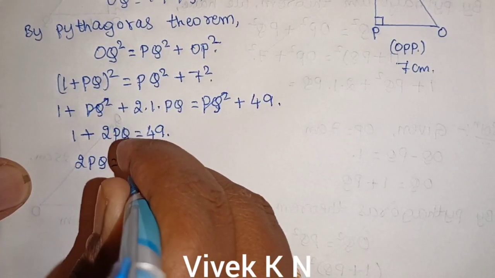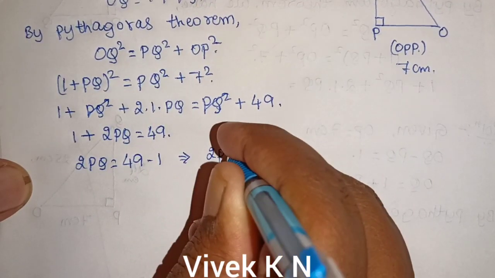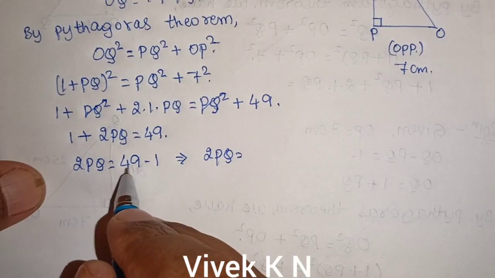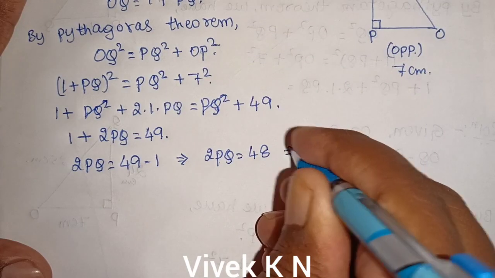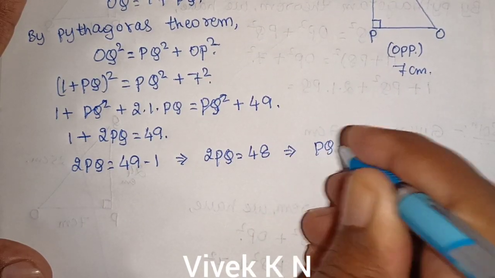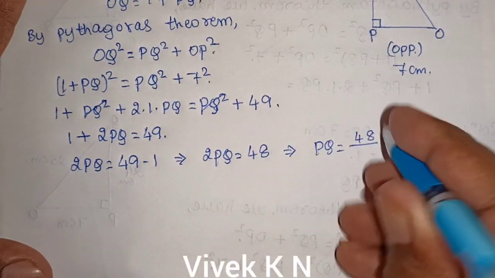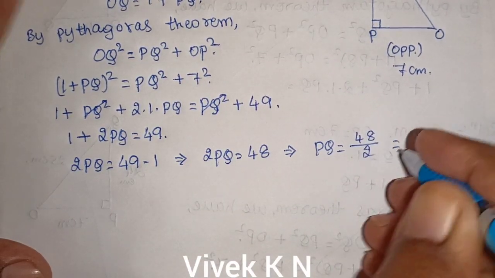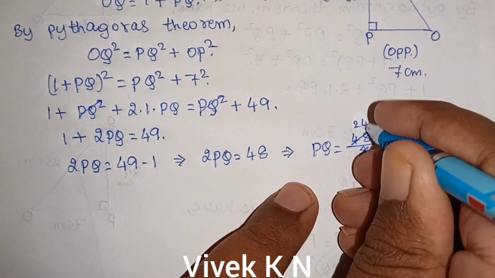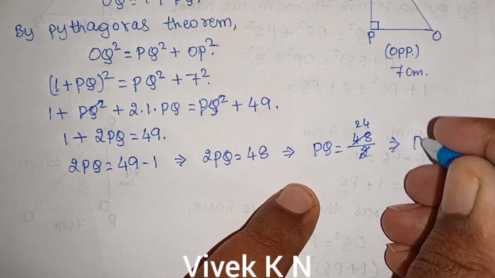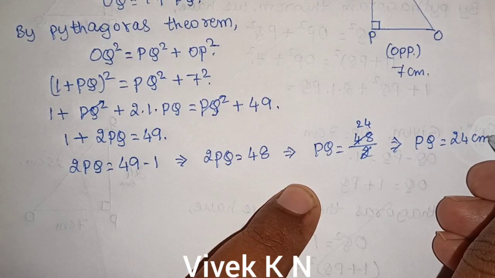So 49 minus 1, that is 2PQ is equal to 48. That is PQ is equal to 48 divided by 2. When we divide 48 by 2, we get 24. That is PQ is 24 centimeter.